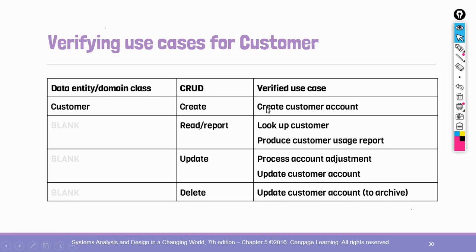So the create customer account use case creates the customer object. A separate create customer use case is not needed. Update customer account is defined to archive a customer, so no separate archive customer use case is required.